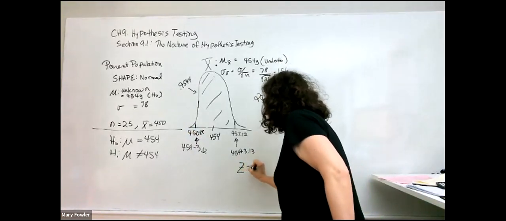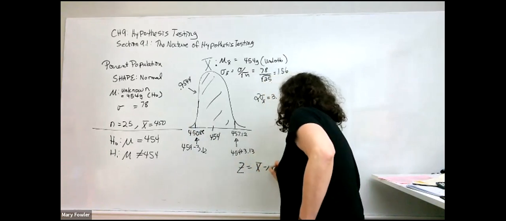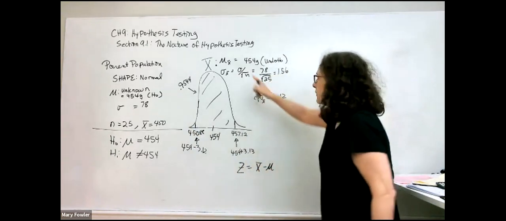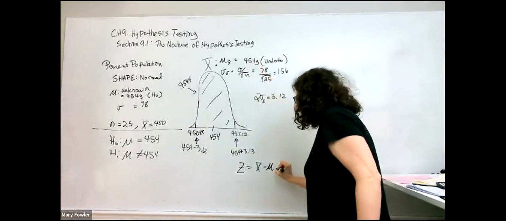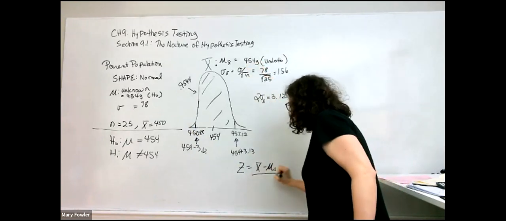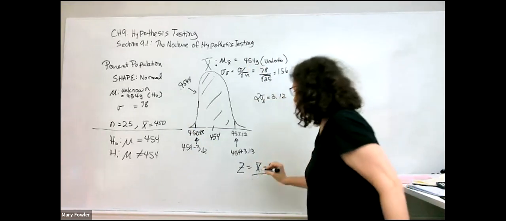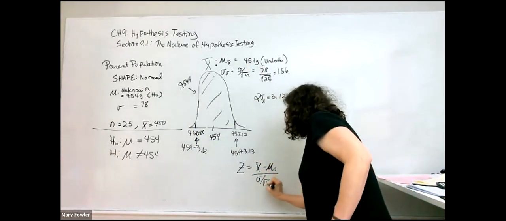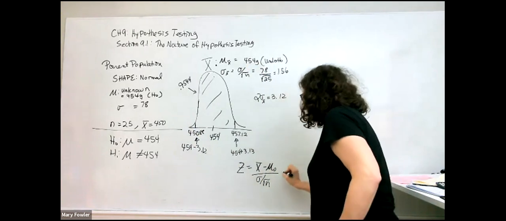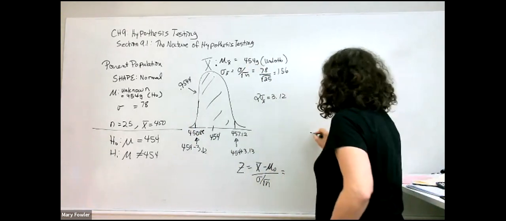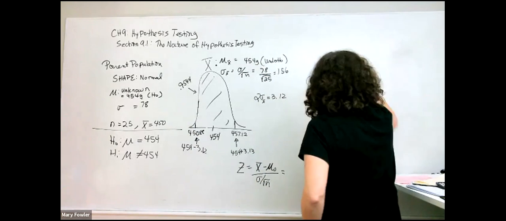So we have z is equal to X bar minus mu, in this case mu naught, because under the null hypothesis, that's what the mean is, and that's what we're testing, divided by sigma over the square root of n, okay? So we substitute that in.